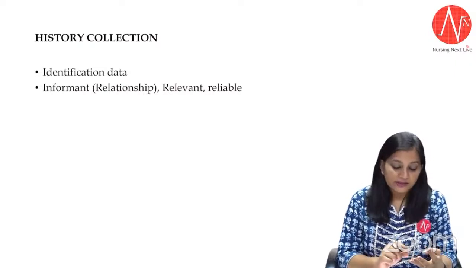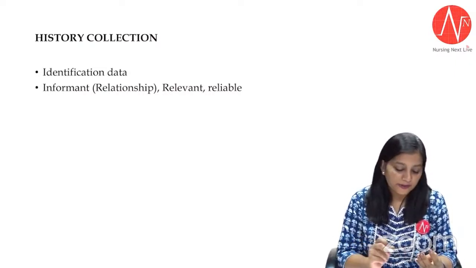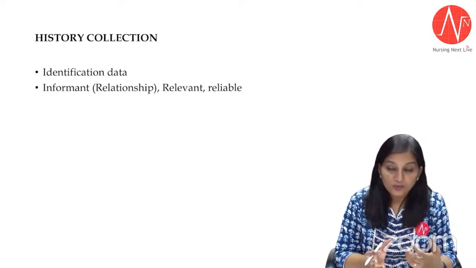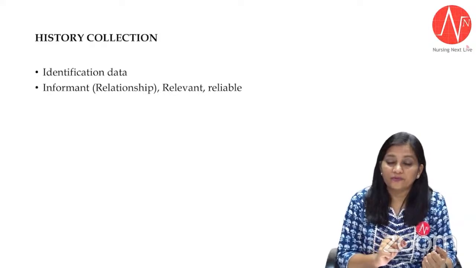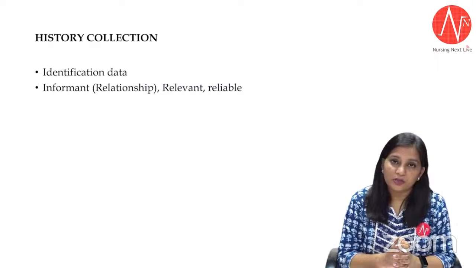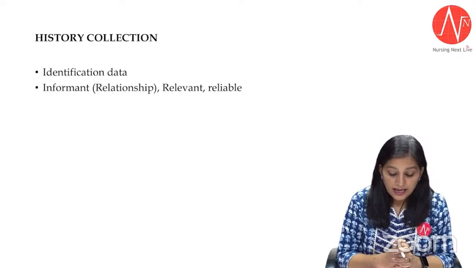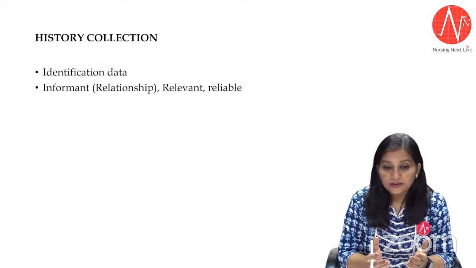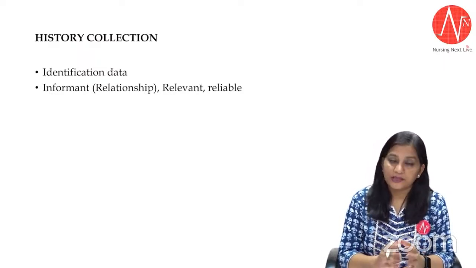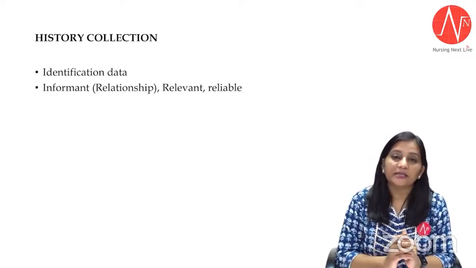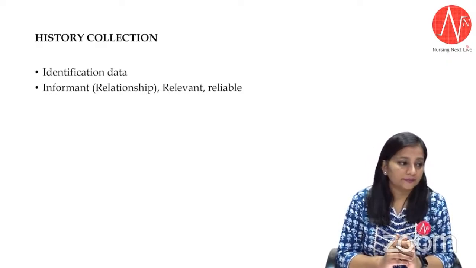Then gender is important to be noted on the paper, and then the occupation and the educational status, to know till which standard the patient is educated, and whether he is able to understand the language I am speaking or not. Marital status, whether he is married or unmarried, and the family dynamics are assessed on the basis of the marital relationship, and then how many kids he or she has.